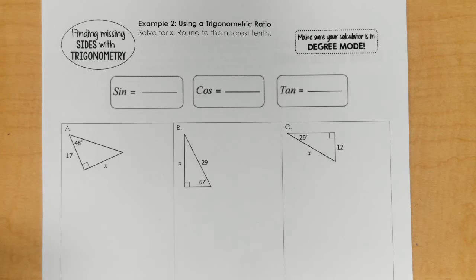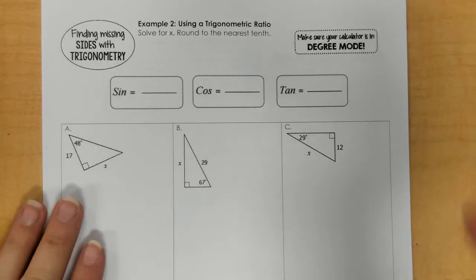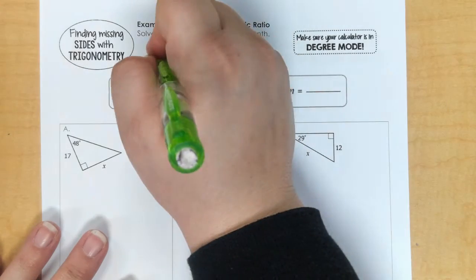For example 2, using trig ratios, we're going to start finding actual lengths using sine, cosine, tangent, and angle measurements of the triangles. So just to remember what we are using for sine, cosine, tangent, remember SOHCAHTOA.